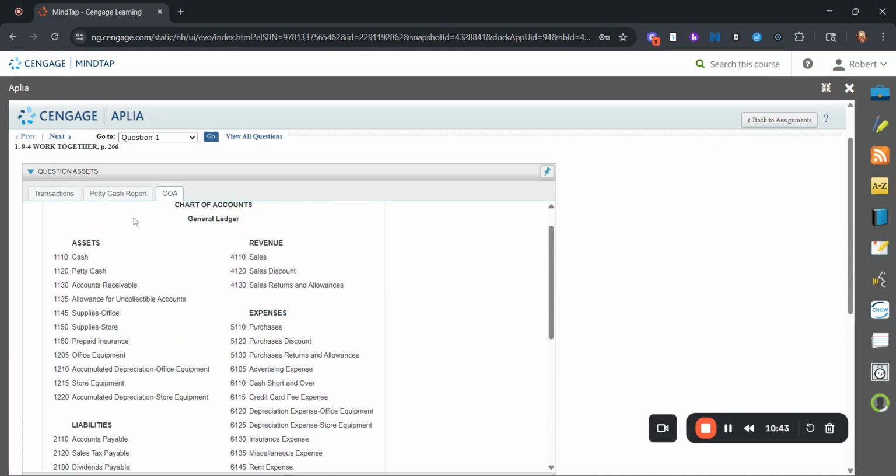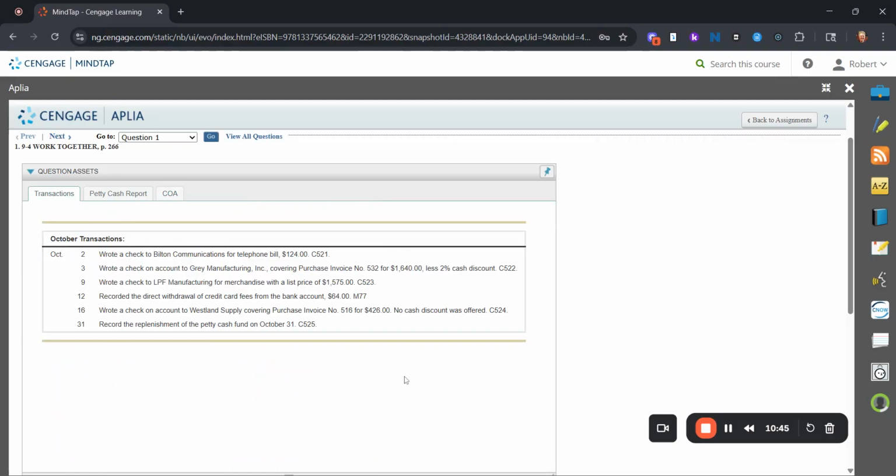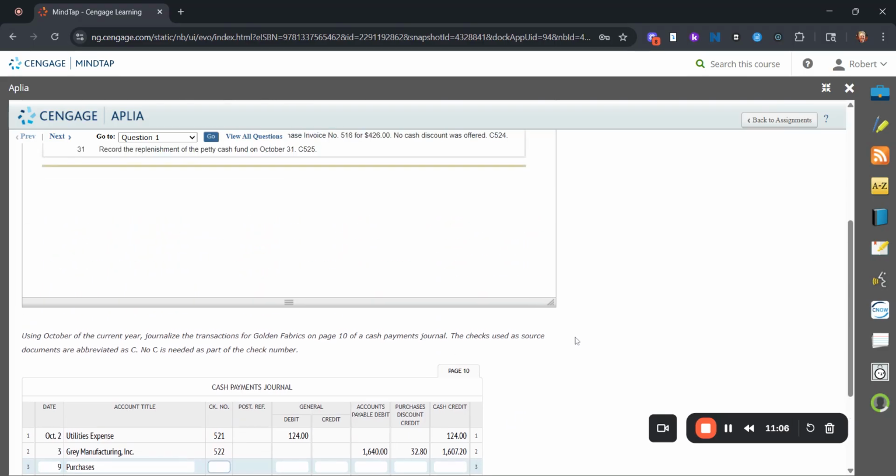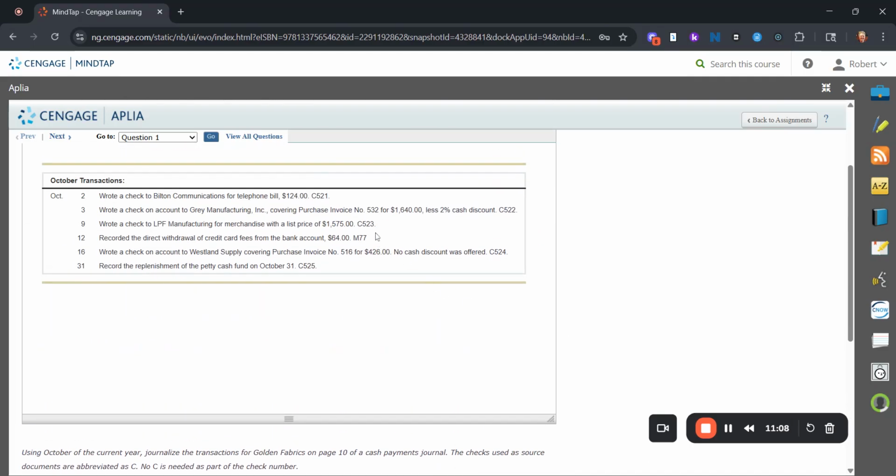Don't see anything for merchandise. So we'll just put this in as a purchase. So this will end up going into the purchases ledger. So we'll put purchases, and check 523.